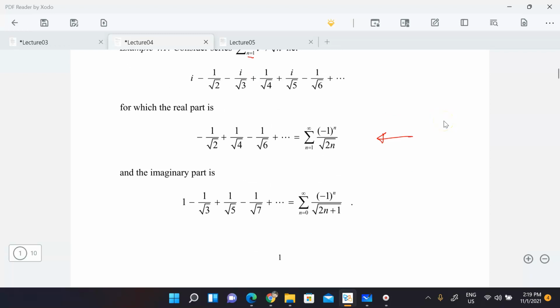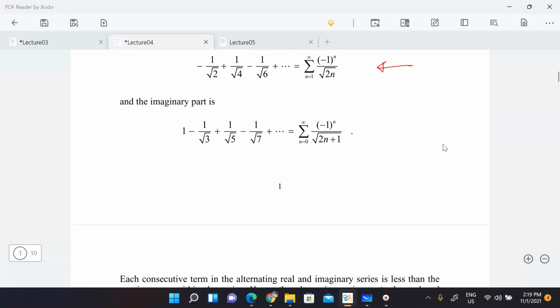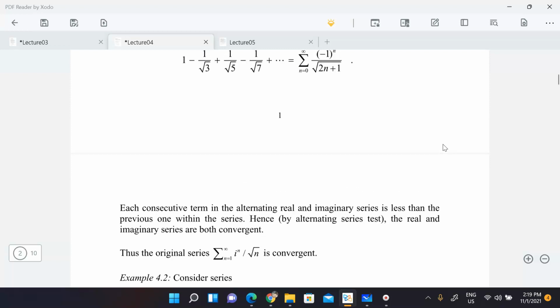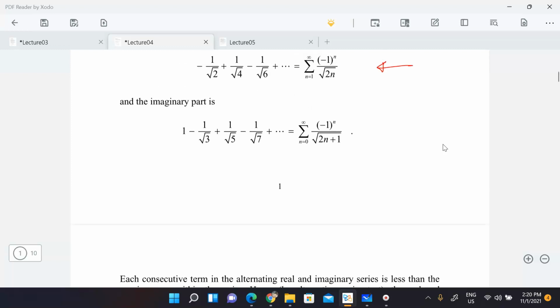So let's see. If you look at that, you can remember we had a few tests to see whether a series is convergent or not. In this particular case, if you look at the signs here, they are alternating.